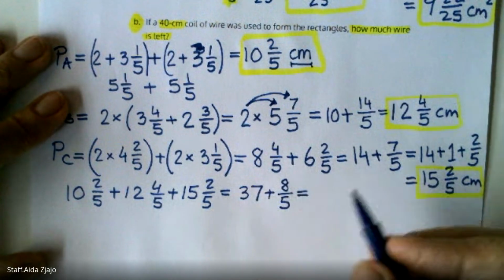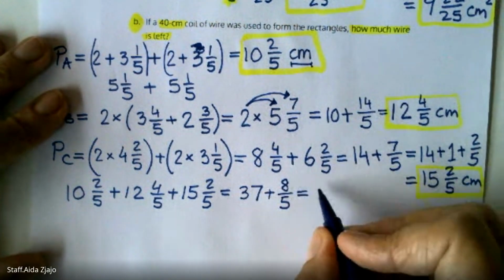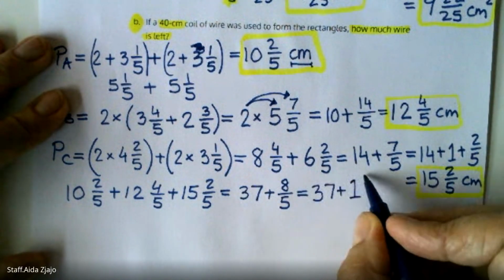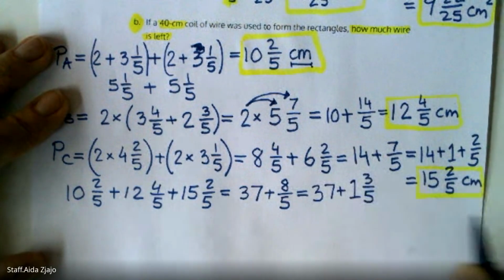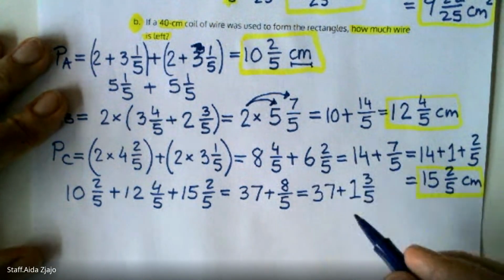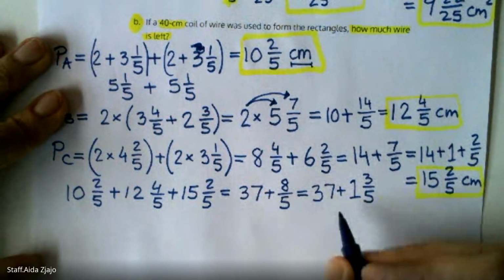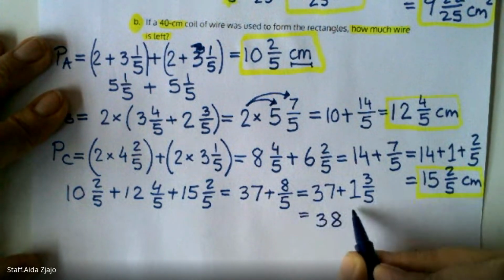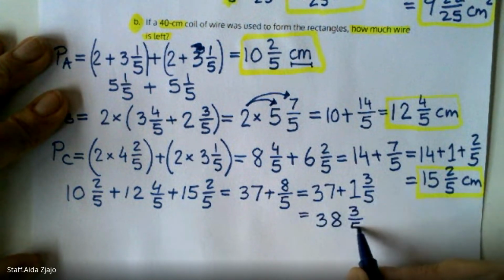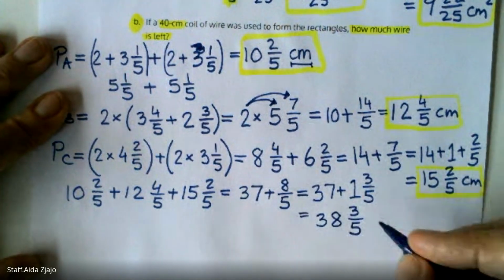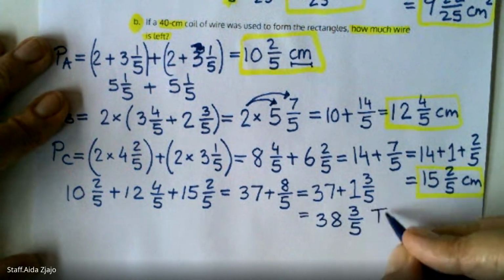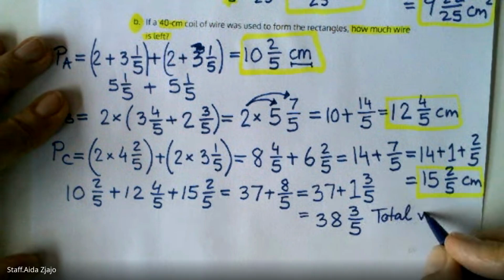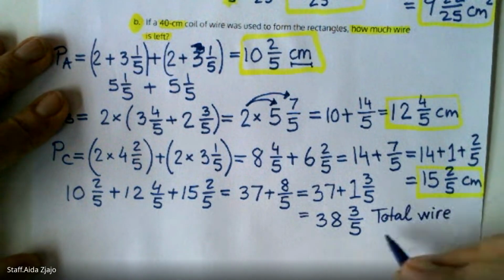So when I have 8/5, I do have 37 wholes plus 1 whole and 3/5. So the final is 38 and 3/5. That is the total wire used.